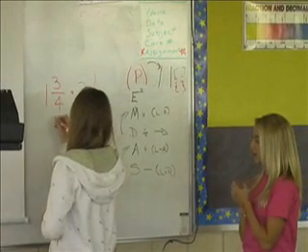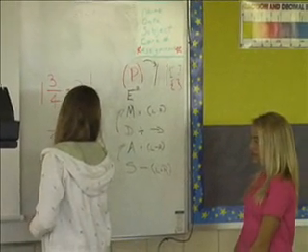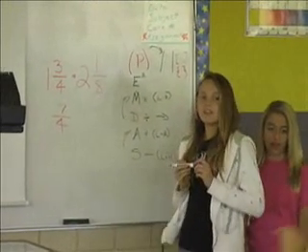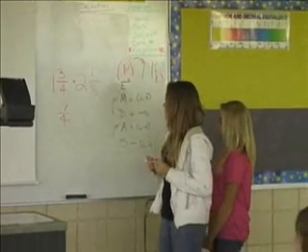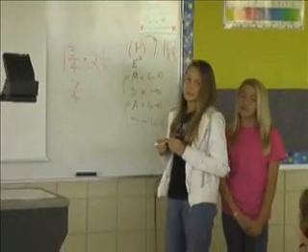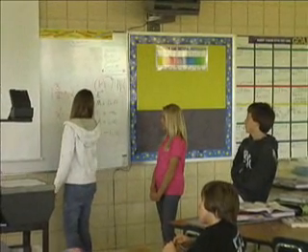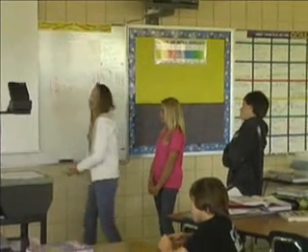Okay. What do we need to do next? Dakota? You need to make the 2 1/8 into an improper fraction. Okay, and that would be 17/8. Okay, so now what do we need to do?